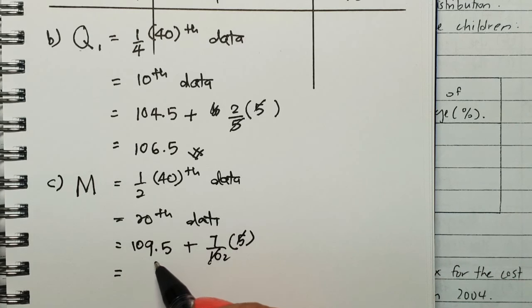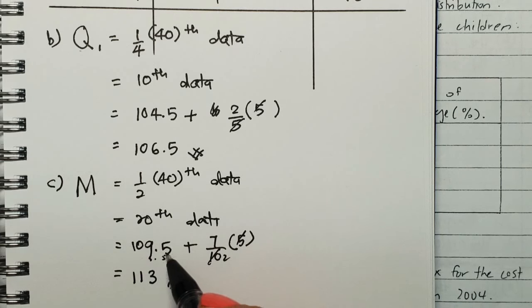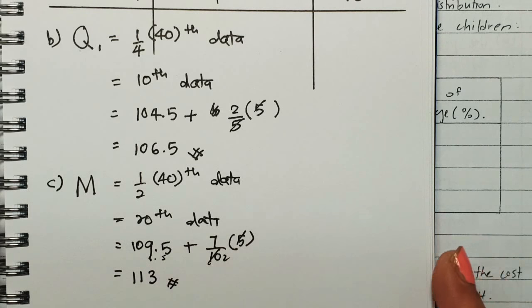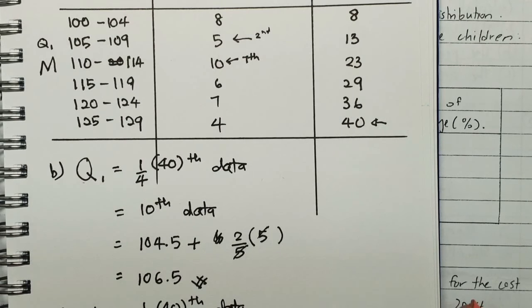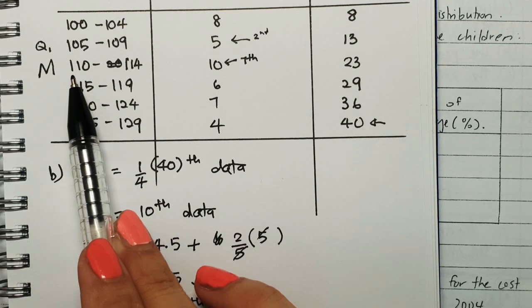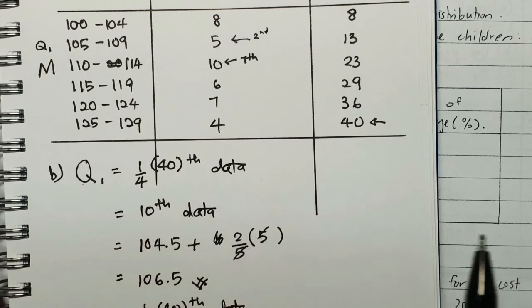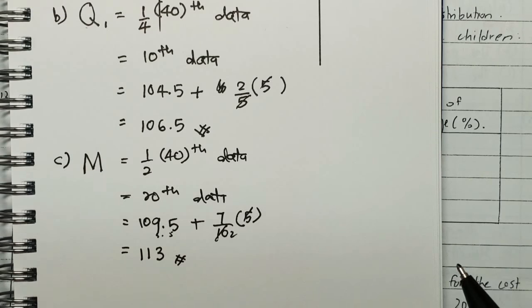So plus 3.5 over here, we have 113. Okay, 113 is our answer. That is our median. Does it make sense? Yes, because it's within 110 to 114. The median that we found is 113. So that is the answer.